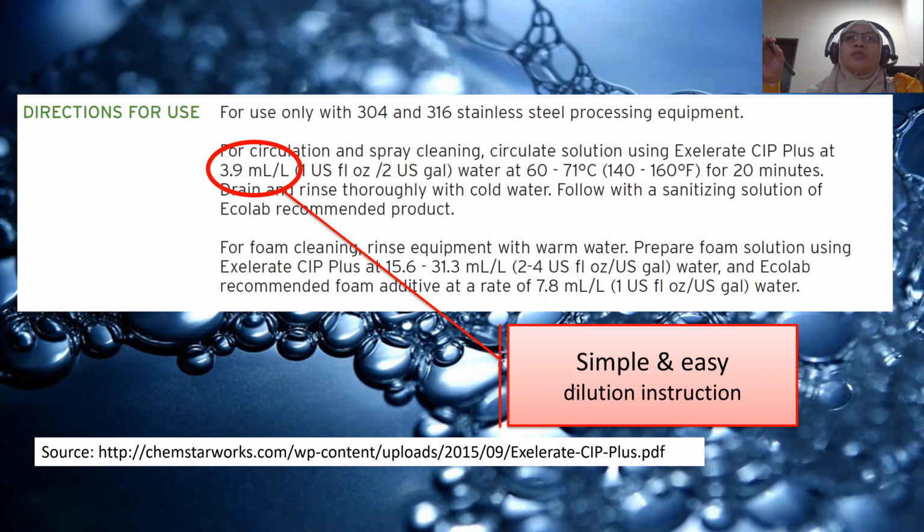Basically, you need to take 3.9 mil of the chemical solution and add it to 1 liter of the solvent. So it's simple. Then, if let's say the size of the cleaning tank is 100 liters, you multiply by 3.9 mil per liter to get the amount of detergent needed.